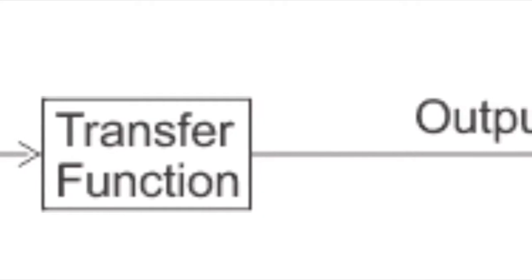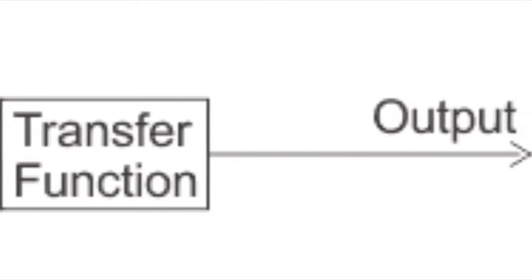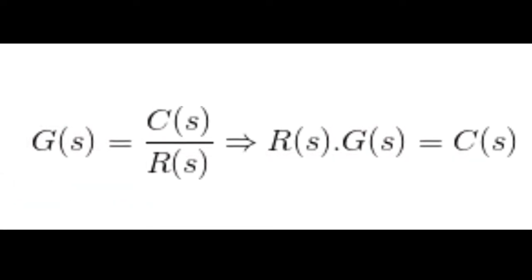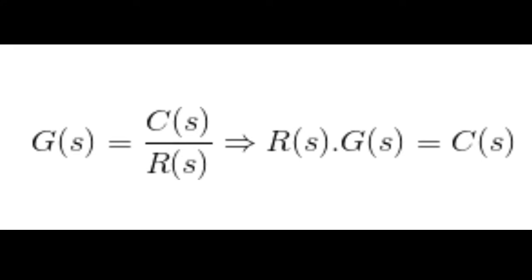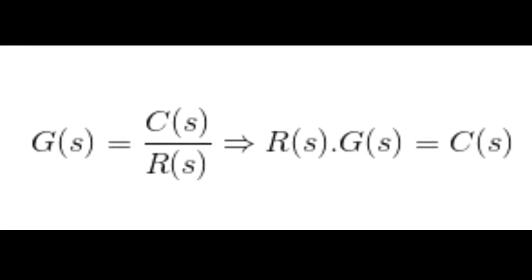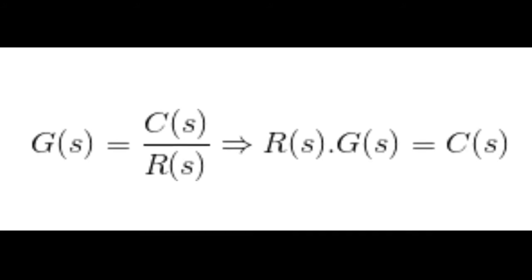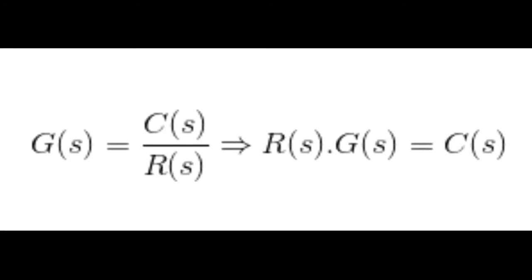Thus, the cause and effect relationship between the output and input is related to each other through a transfer function. In a Laplace transform, if the input is represented by R(s) and the output is represented by C(s), then the transfer function will be this.